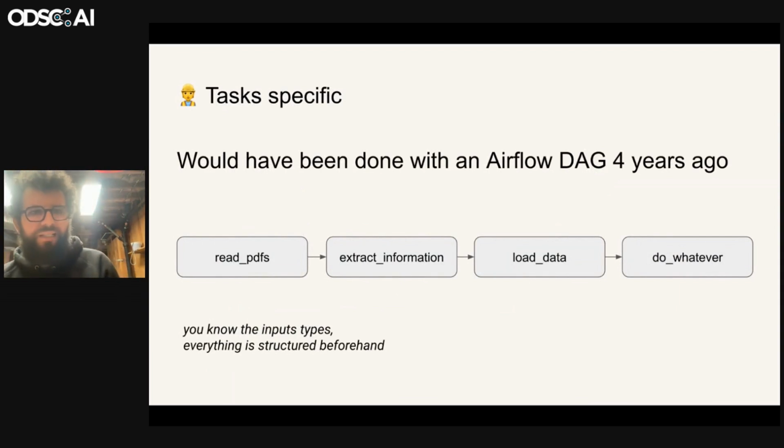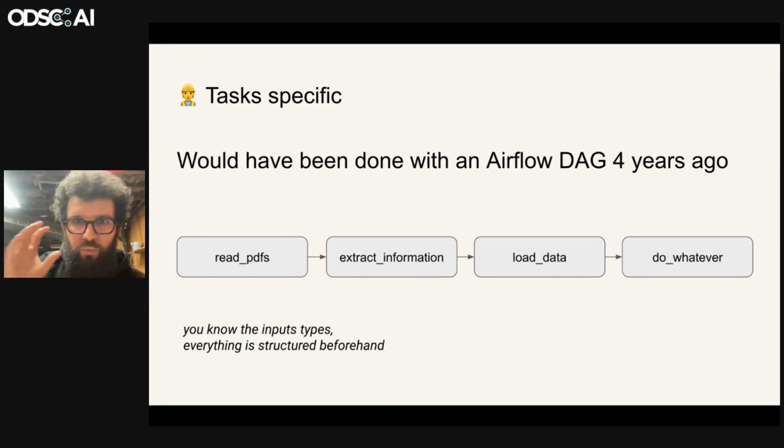When it comes to task specific, this is a bit of a link with data engineering. What we would have done 4 years ago was spin up an Airflow DAG with maybe 4 tasks: read the PDF, extract the information, load the data into a database or a Parquet file or whatever, and then do whatever action we want downstream.